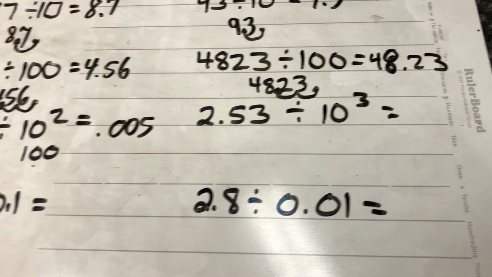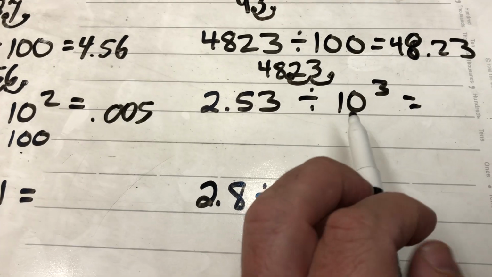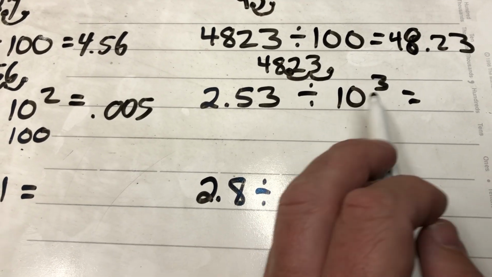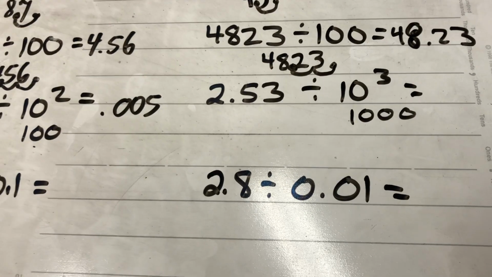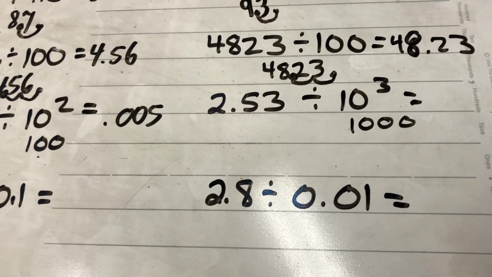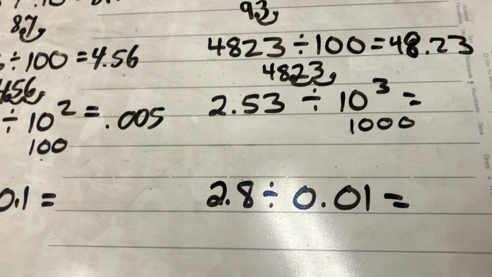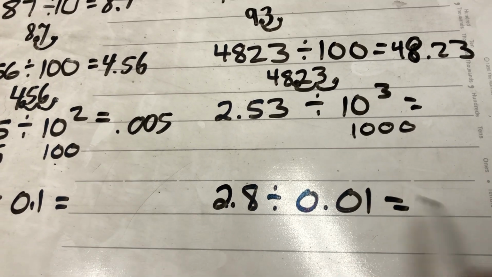So I actually end up with 5,000ths. All right, 2 53/100 divided by 10 to the power of 3. Well, remember that 10 to the power of 3 is a 1 with three zeros after it. 10 times 10 times 10. 1 times 1 times 1 is 1. I add my three zeros.